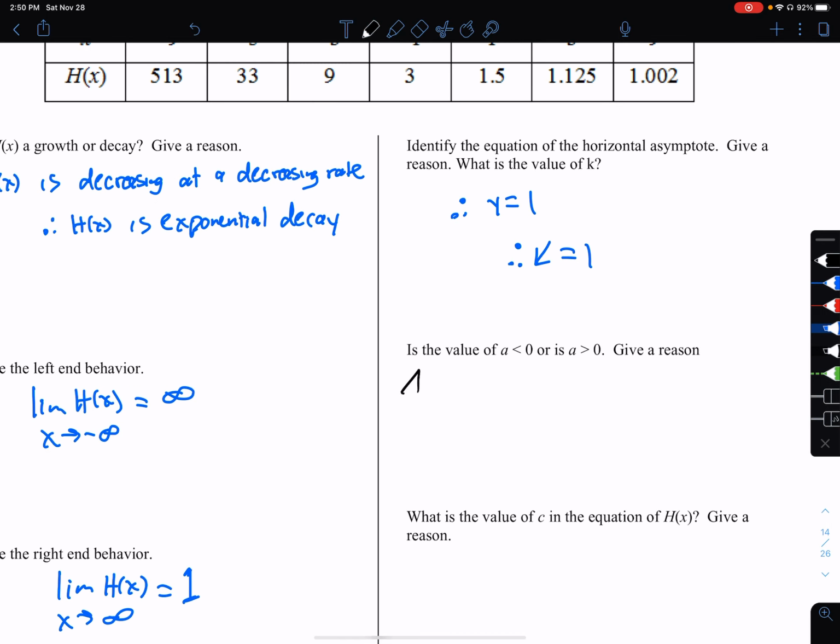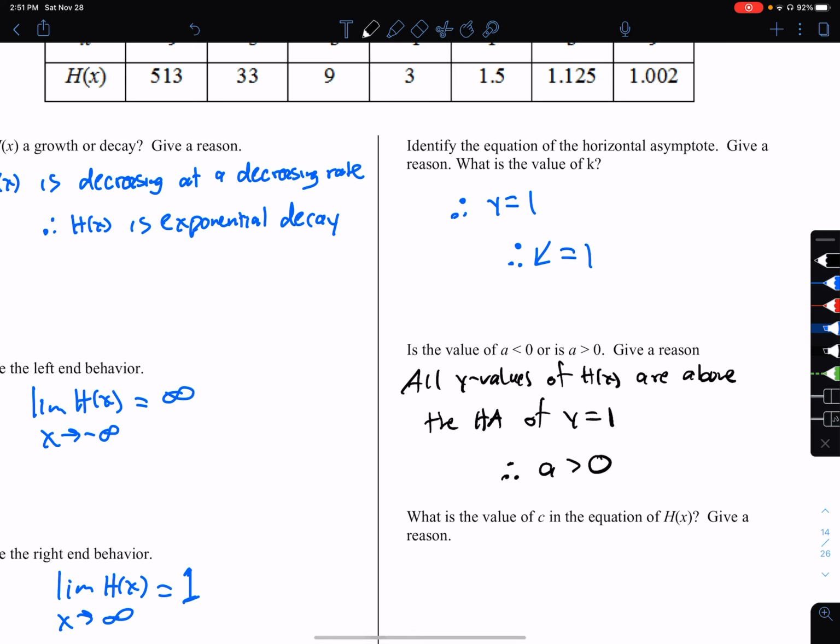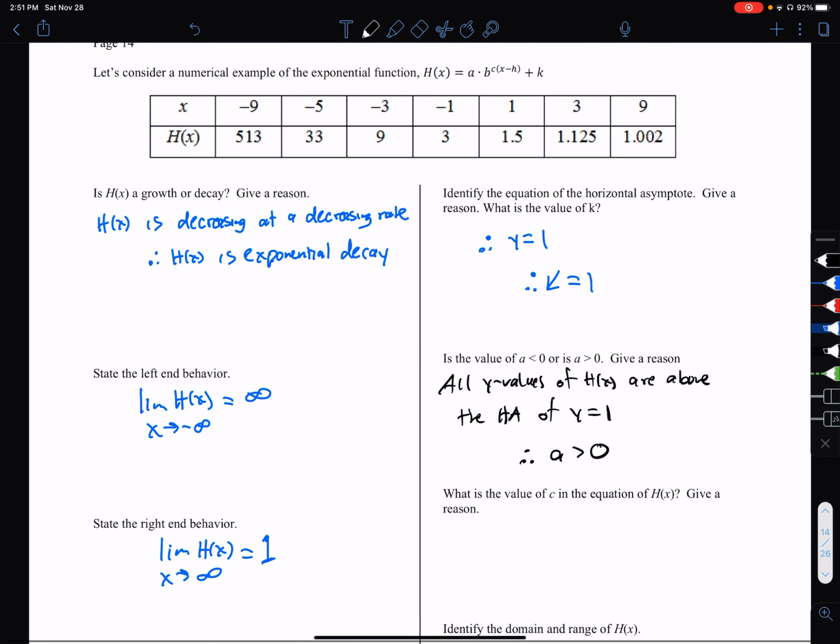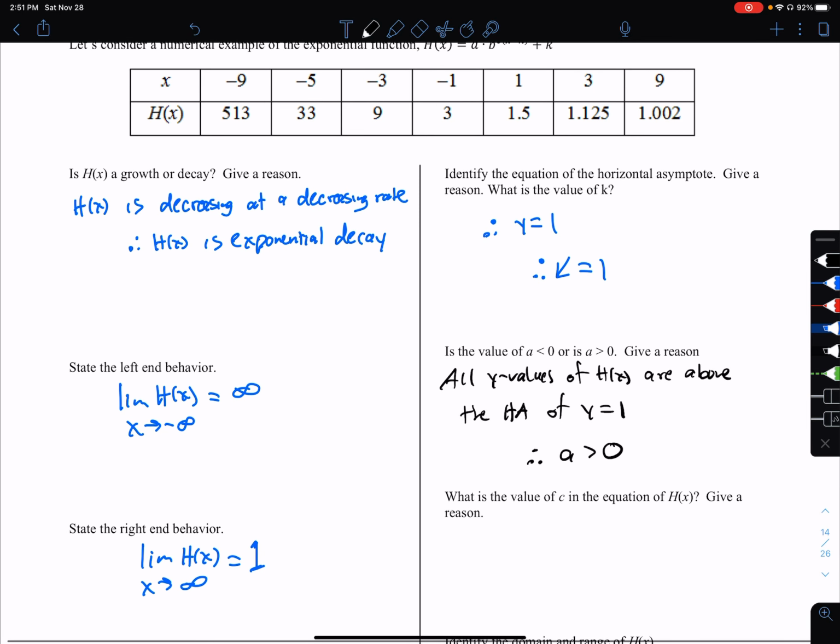So we could say all y values of h of x are above the horizontal asymptote of y equals 1. Anytime your graph is above the horizontal asymptote and it's an exponential function, a has to be bigger than 0, has to be positive.